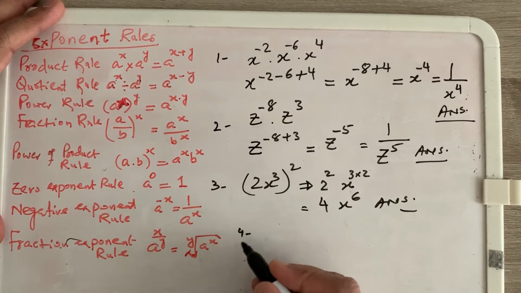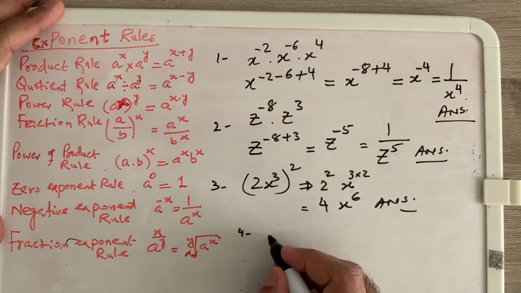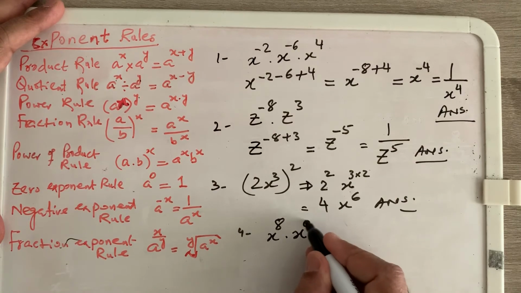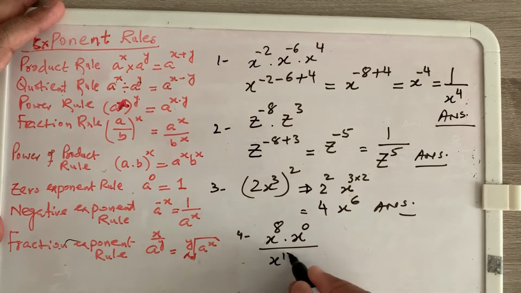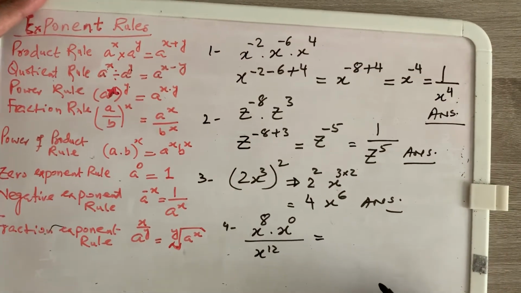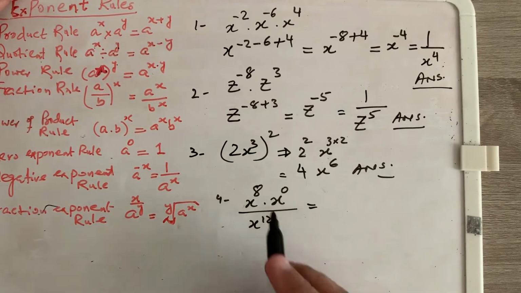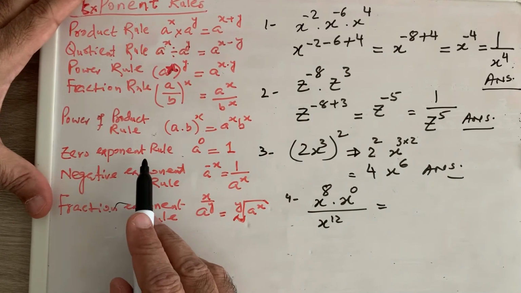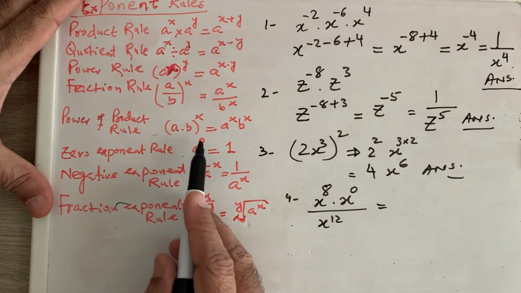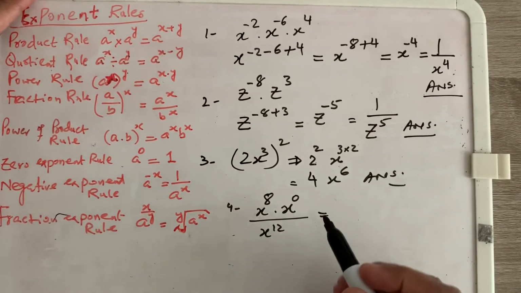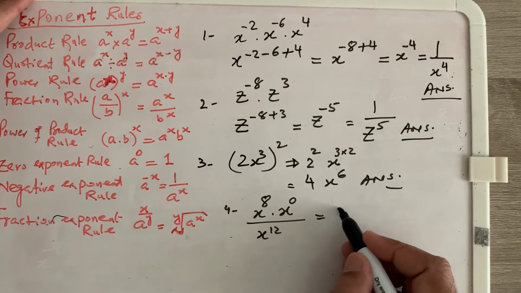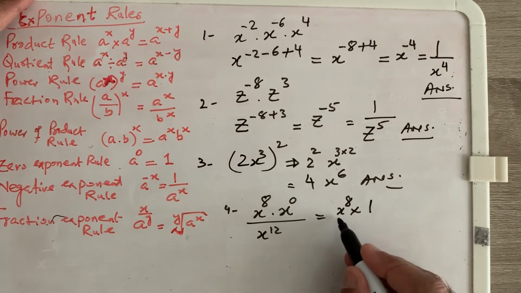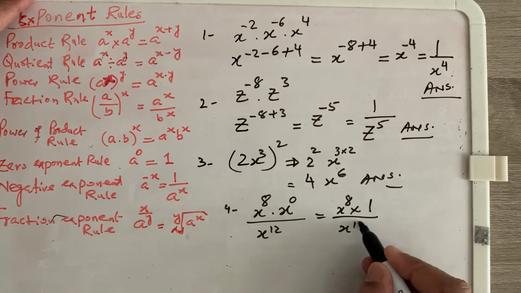I take another example now. Maybe it's x to the power 8, x to the power 0, over x to the power 12. What is happening here? I will apply the zero exponent rule, which says anything raised to the power 0 is 1. So here I have x to the power 8 times 1, because x to the power 0 is 1, divided by x to the power 12.